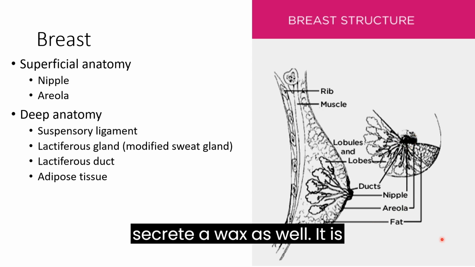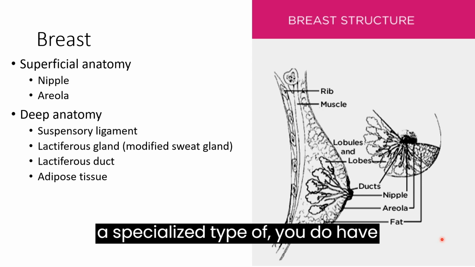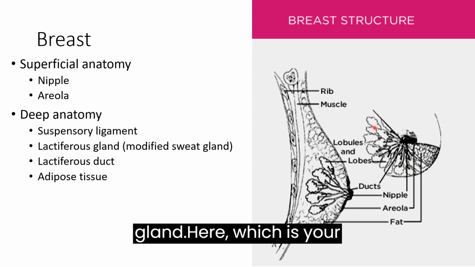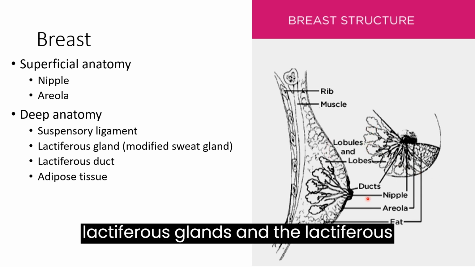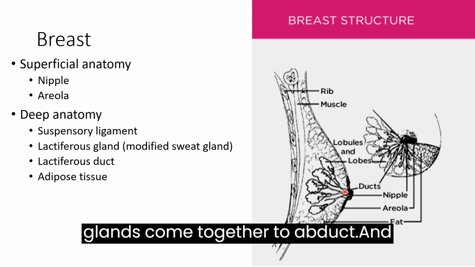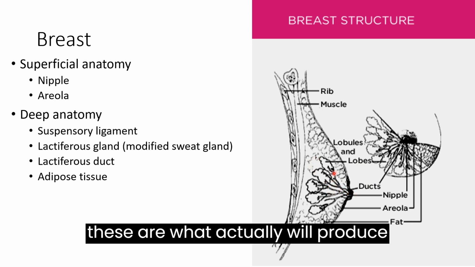Now, the areola does actually secrete a wax as well. You do have a specialized type of sweat gland here, which is your lactiferous glands. And the lactiferous glands come together to a duct, and these are what actually will produce milk.